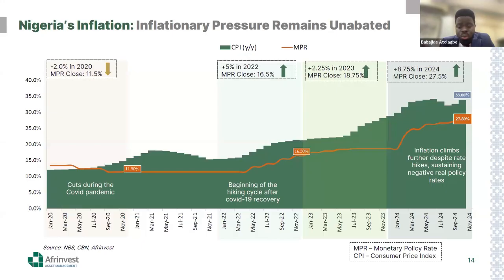The policies that have been implemented by the government have brought about better pricing in the FX markets, but we are seeing inflation come from the FX markets. Food producing regions are still challenged, and the infrastructural deficit in the country also continues to pressure inflation.